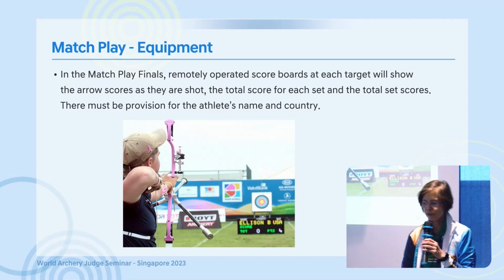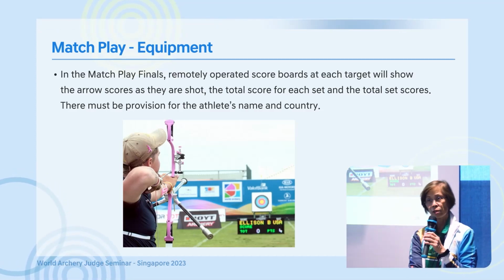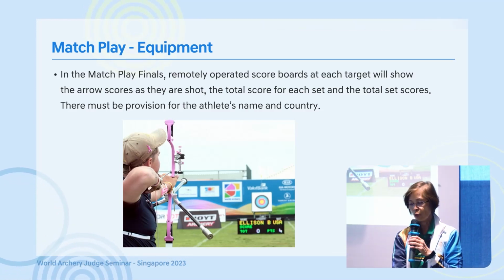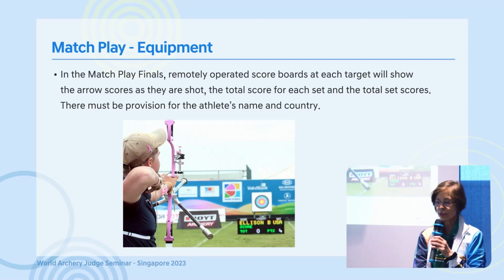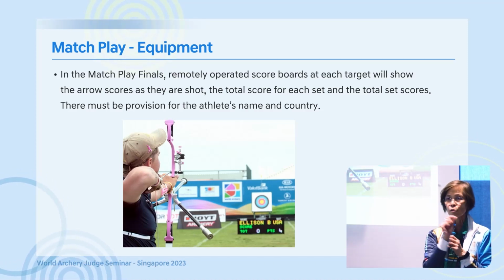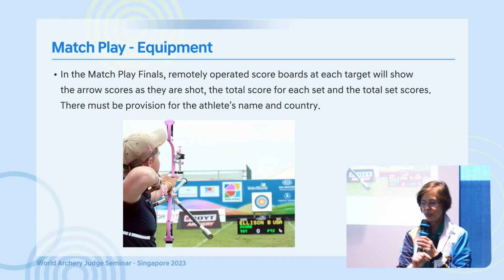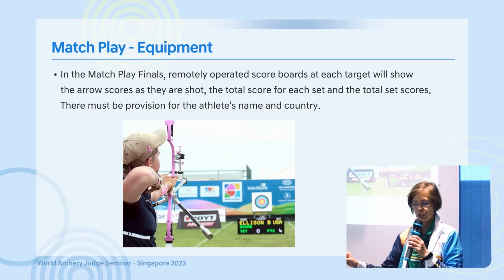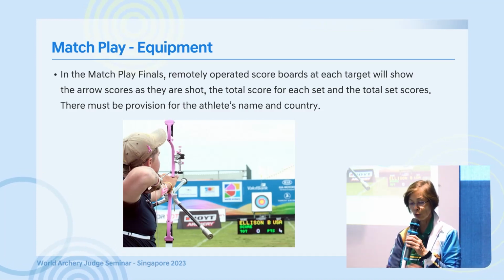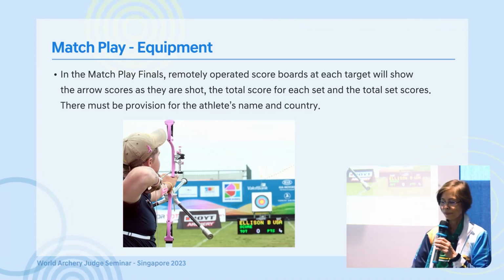Now, in the match play finals, if this is a world ranking event, you need these electronic scoreboards at each target, showing the arrow scores as they are shot, total score for each set, and the total set scores. Or if it's compound, the cumulative scores.